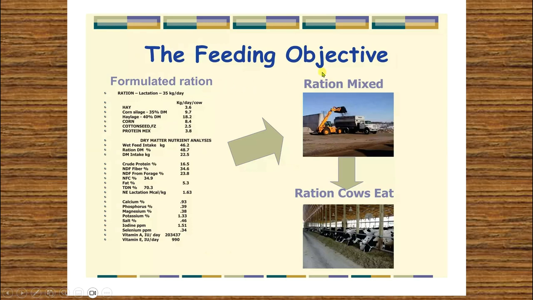So here are the feeding objectives and the feed formulation. Usually hay should be around 3 kg. Suppose the cow is milking 35 kg per day, then hay should be 3.6, corn silage 9.7, then haylage 18.2, then corn itself or the maize, etc., which will be a little bit more.